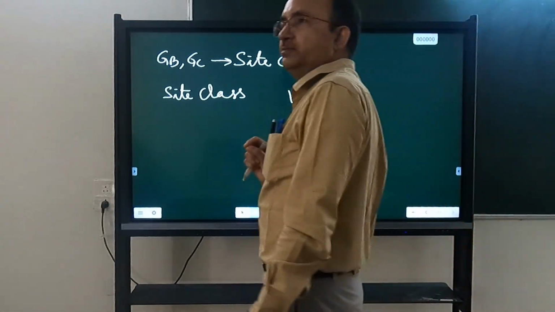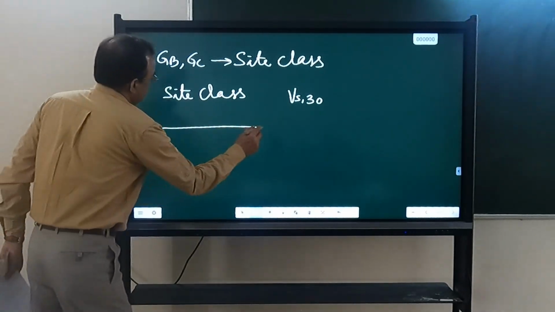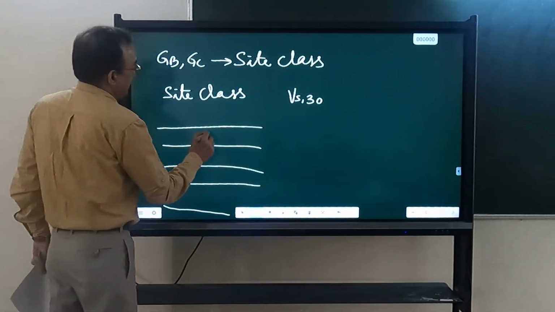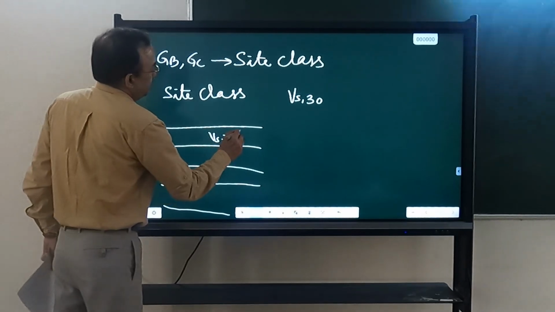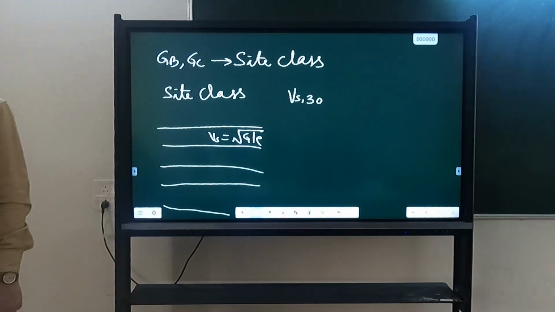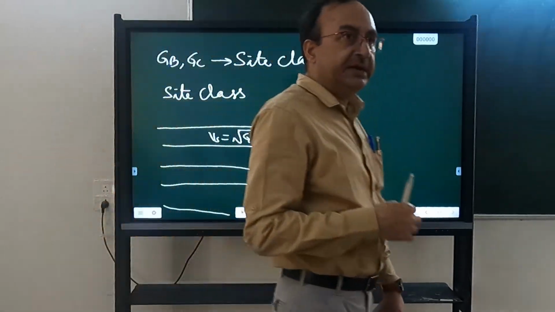How it is obtained? So this VS is the square root of G by rho. Shear wave velocity depends on shear modulus and density.